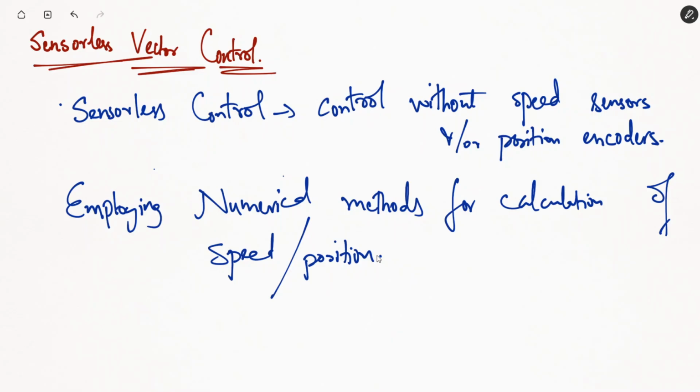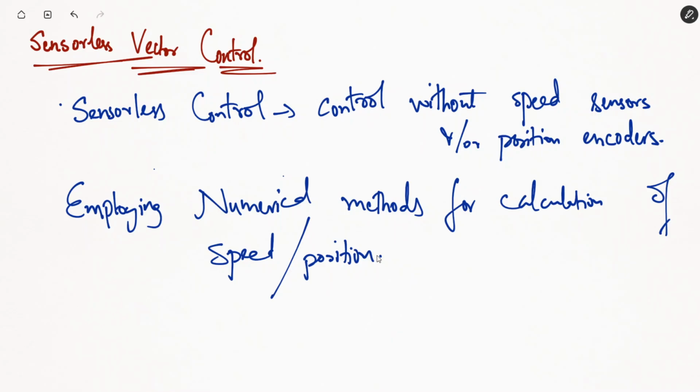So for closed loop control, we still need the speed or position feedback, but with sensorless control strategies, we will not be using sensors. We'll be using some numerical methods, like observers, as we have already discussed in control systems. We can use observers for estimation of speed.